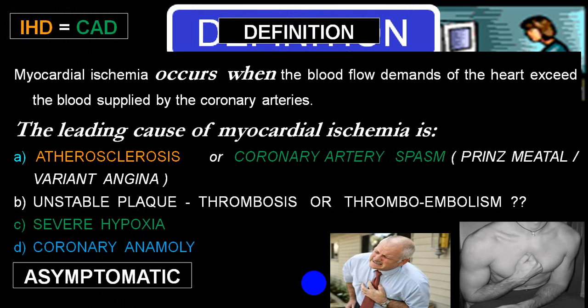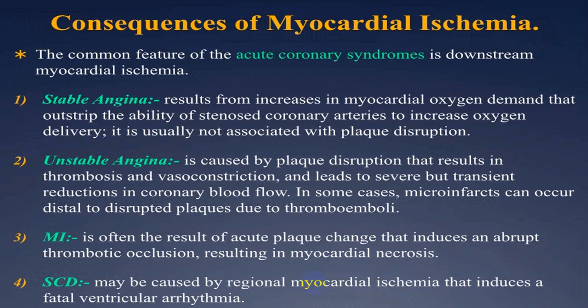In a good number of conditions, a person can have myocardial ischemia without chest pain. We call that asymptomatic ischemic heart disease. Acute coronary syndrome can end up with unstable angina or MI, and this MI can be STEMI, non-STEMI, or can end up with sudden cardiac death.